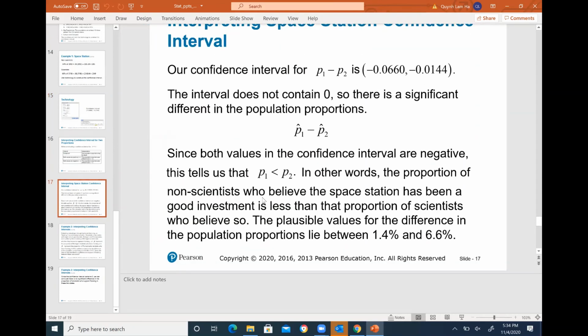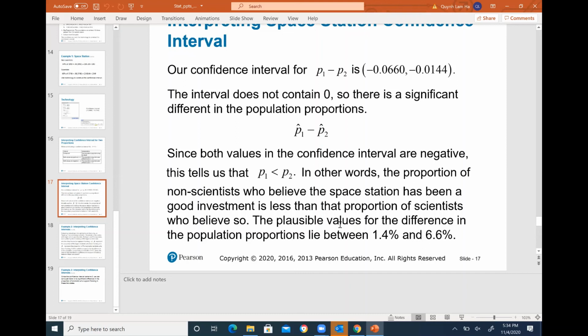So remember, when we're talking about percent, you can ignore the negative. But the negative represents whether you are comparing if P1 is bigger or smaller than P2. So in this case, the proportion of non-scientists who believe the space station has been a good investment is less than the proportion of scientists who believe so.